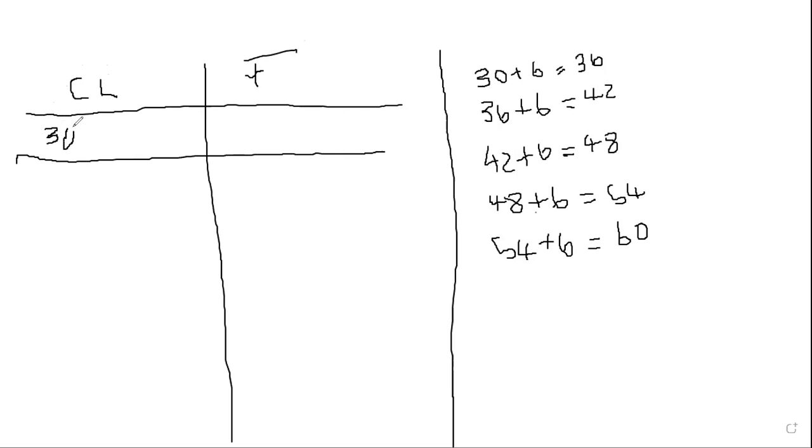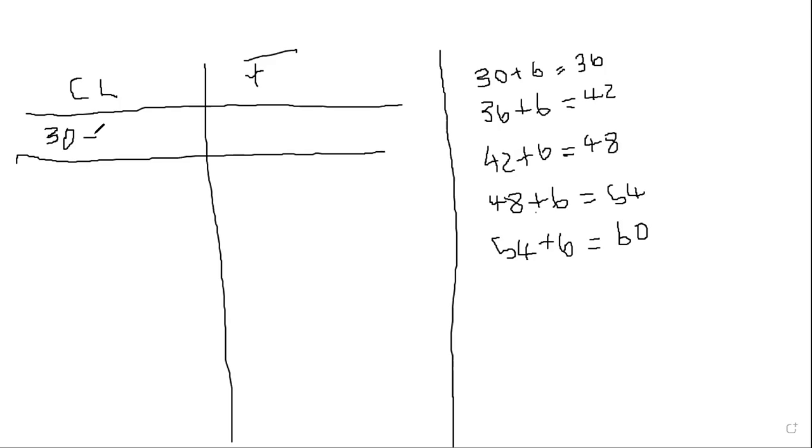This determines the range: where is your lower limit starting from, up until which limit? So this is basically the lower limit and the upper limit.